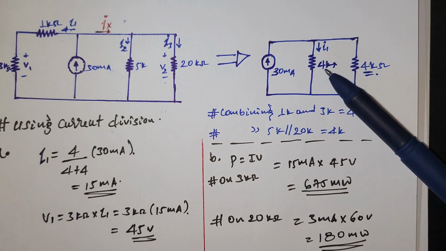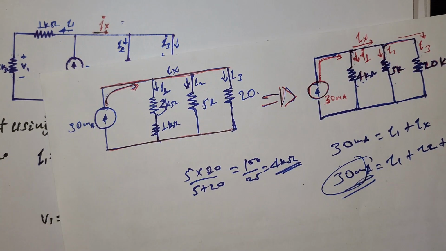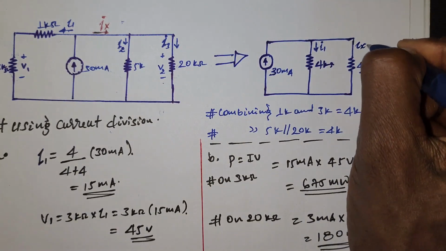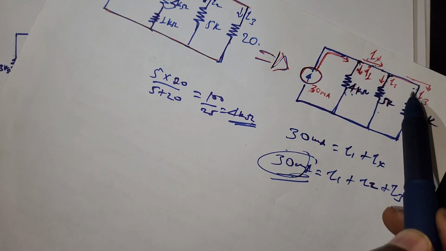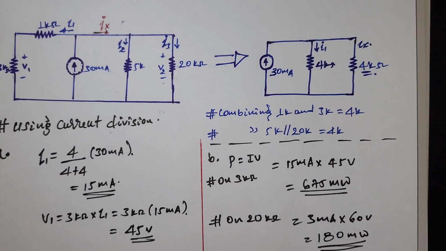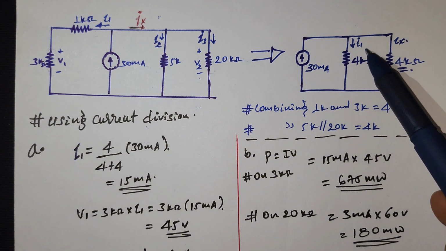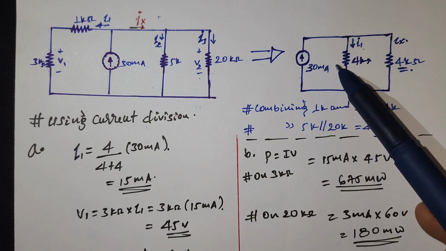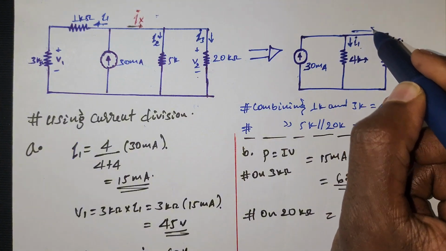Now we can simply apply the current division rule. The current on this branch is Ix, because it is simplified, so the current of the summation of the two branches is Ix. We already know the source current is 30 milliampere, and it is divided between I1 and this branch Ix.